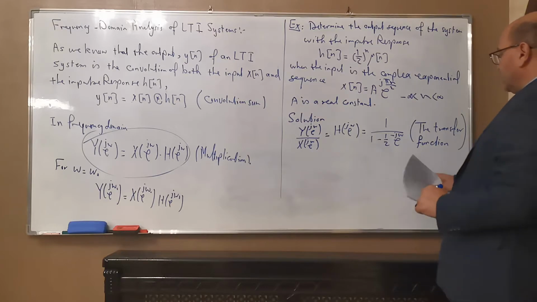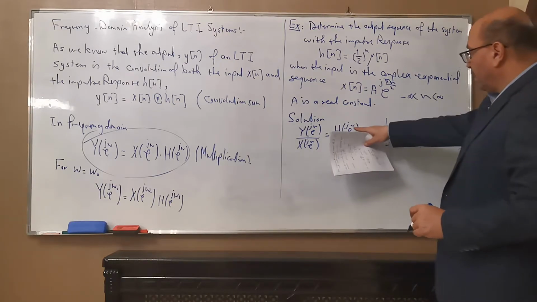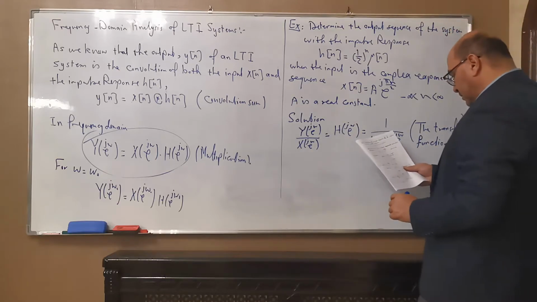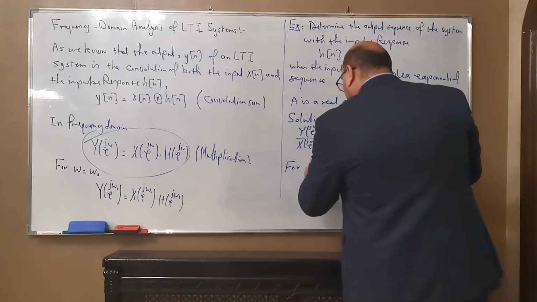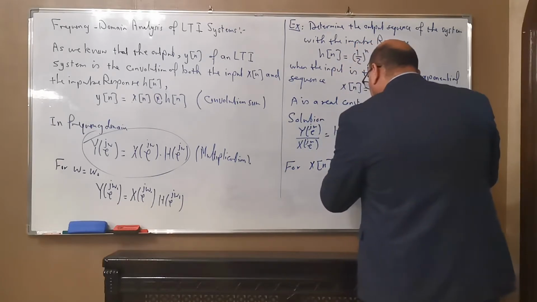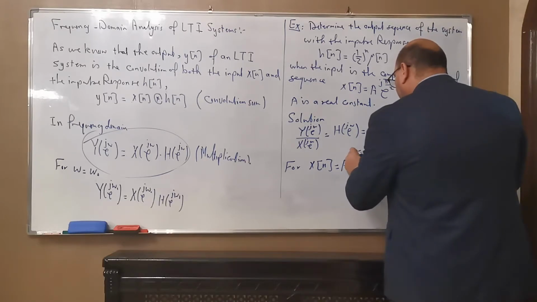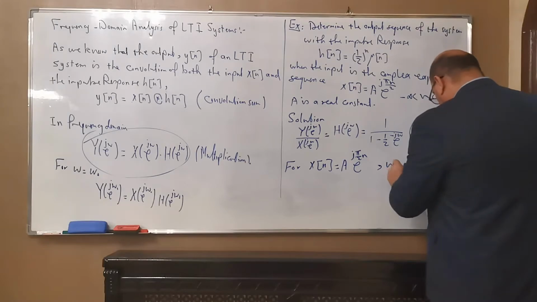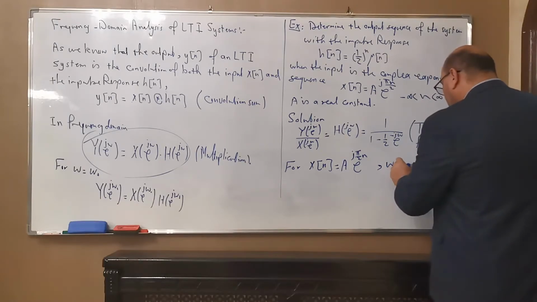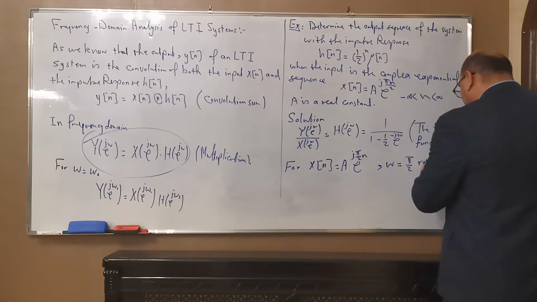Okay, so we found H of e^jω. Now our single frequency here for x of n equals A e^(jπ/2 n), we know that our ω here is equal to π over 2 radians per sample.